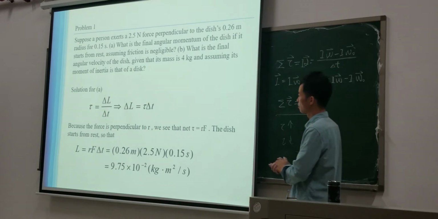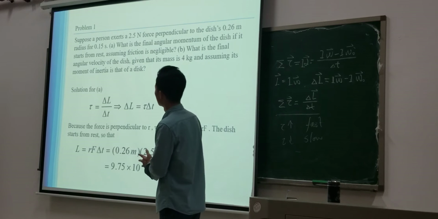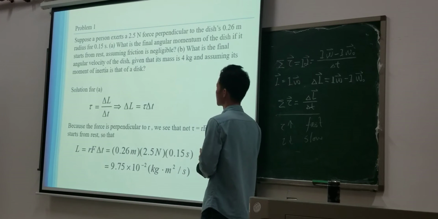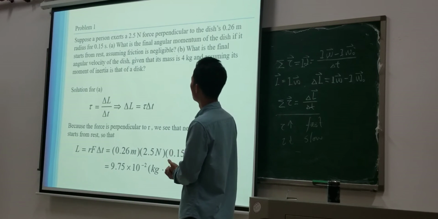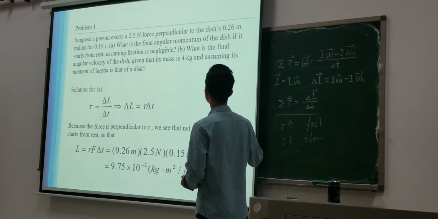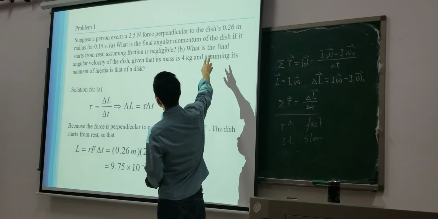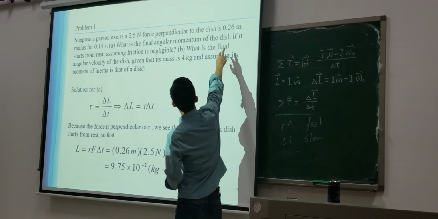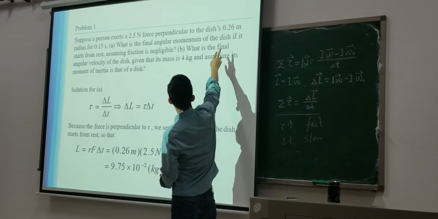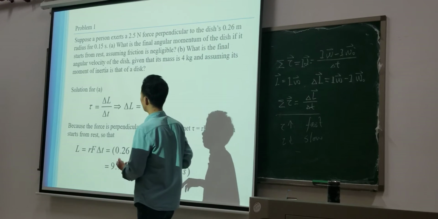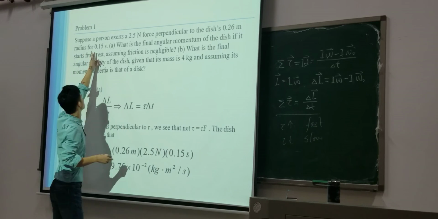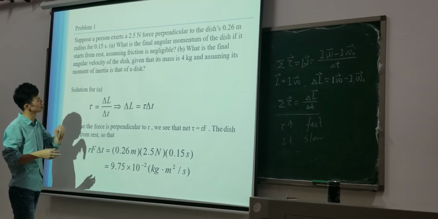Now we are looking at this problem. Suppose a person exerts a 1.4 newton force perpendicular to the dish, the radius is 0.26 meter, and the time is 0.15 second.